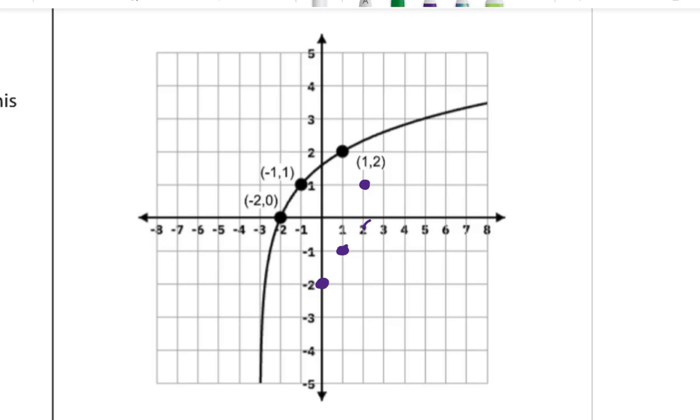So it goes through the origin, here and here and here and here, goes through the corners of the box. Kind of show it with a dashed line. Okay, so down here, this point is also on the inverse, and so is this point up here.